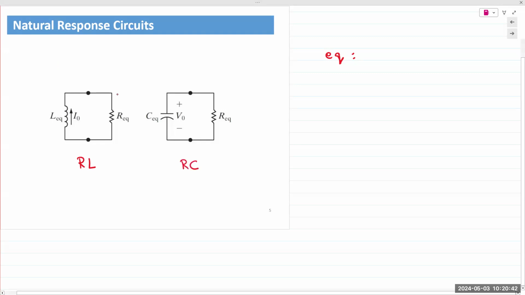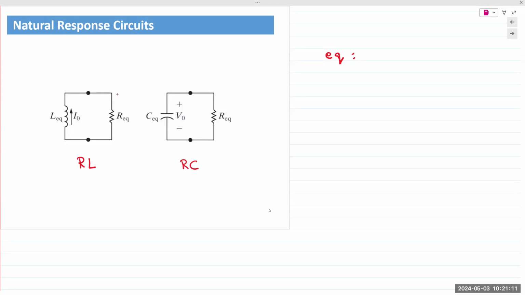If you have multiple capacitors in the circuit, and it is possible to reduce those capacitors down to one single capacitor, we refer to it as an RC circuit. One energy storage device. So it doesn't matter whether physically there might be multiple inductors or multiple capacitors. If they can be reduced to one single energy device, we refer to it as an RL or RC.